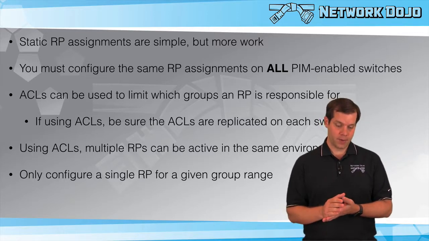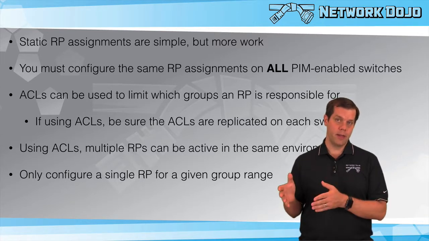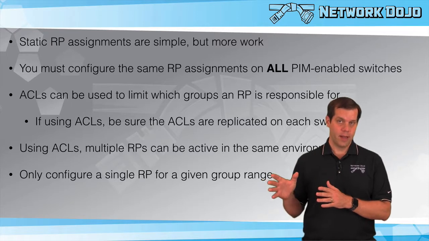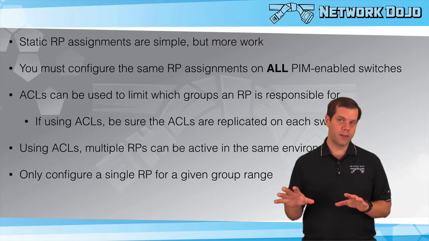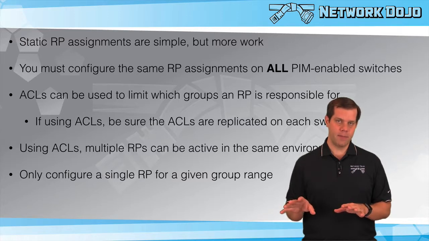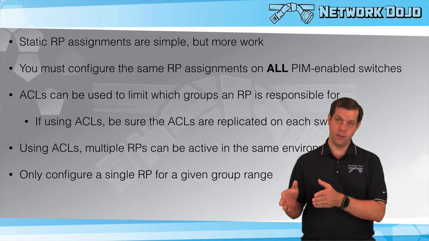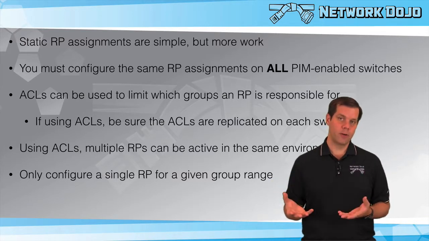That's fine. So we can have an RP for any 239 addresses, and then I can have another RP for every other address. And since they're handling different ranges of multicast groups, that's fine. They can both be active at the same time. Everyone uses RP1 for the 239 addresses. Everyone uses RP2 for every other address, and everything works the way that we want.